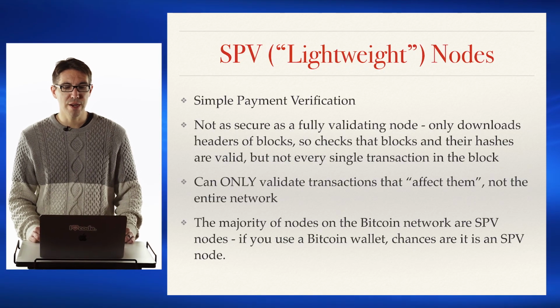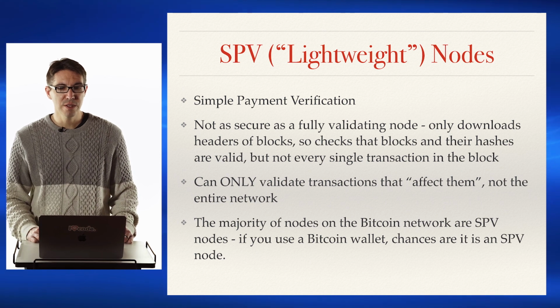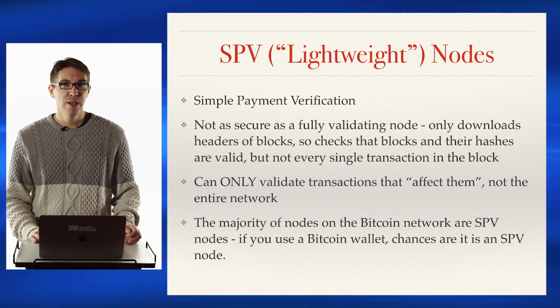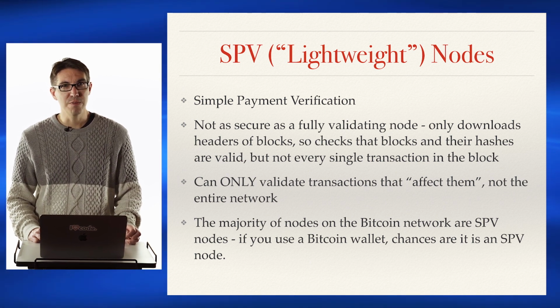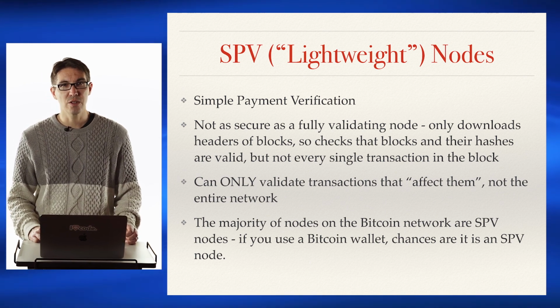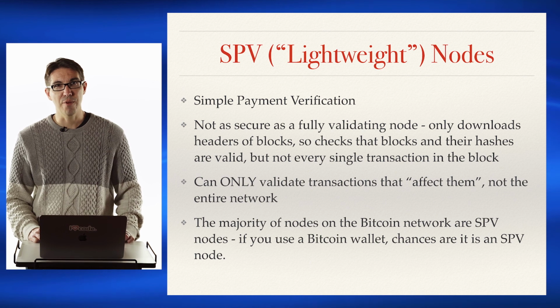They're not going to check the entire network for every single transaction. The majority of nodes on the Bitcoin network are, in fact, SPV nodes, since they are so much easier to run. So if you use a Bitcoin wallet yourself, chances are it's either an SPV node, or, in the case of exchanges, that it's calling directly into the exchange and they're operating a node for you.